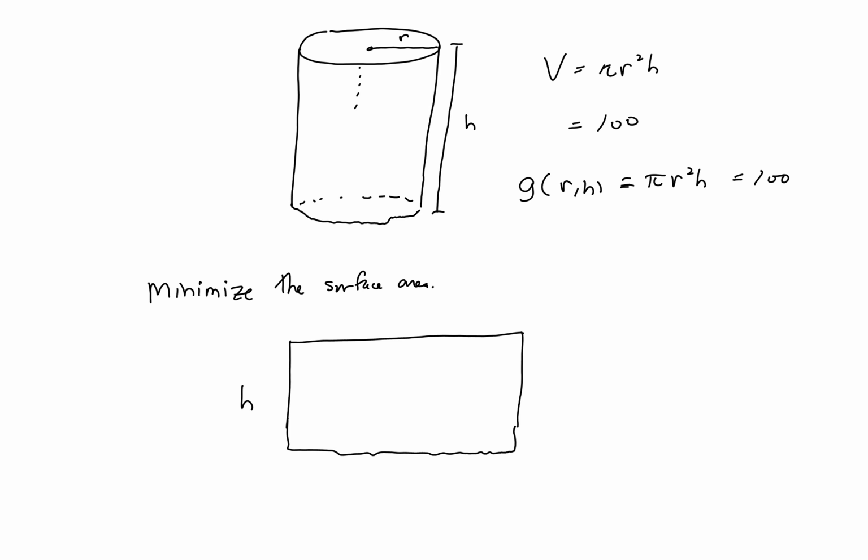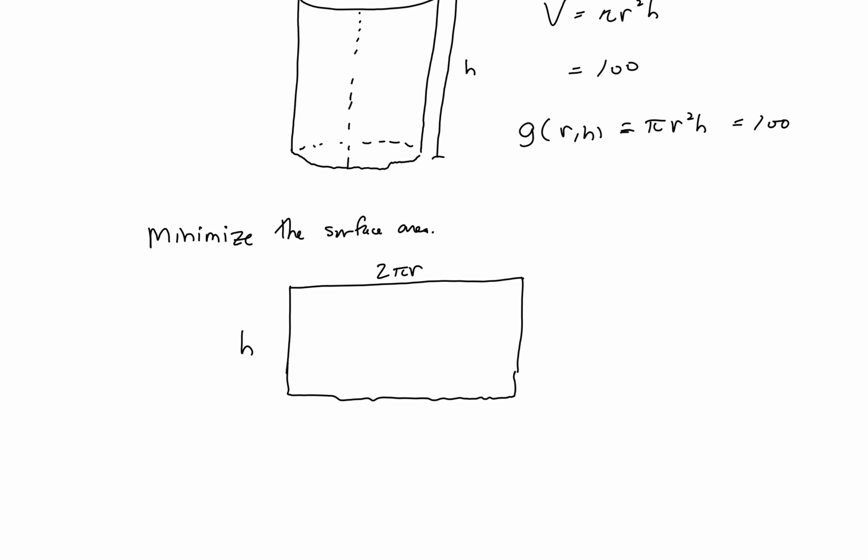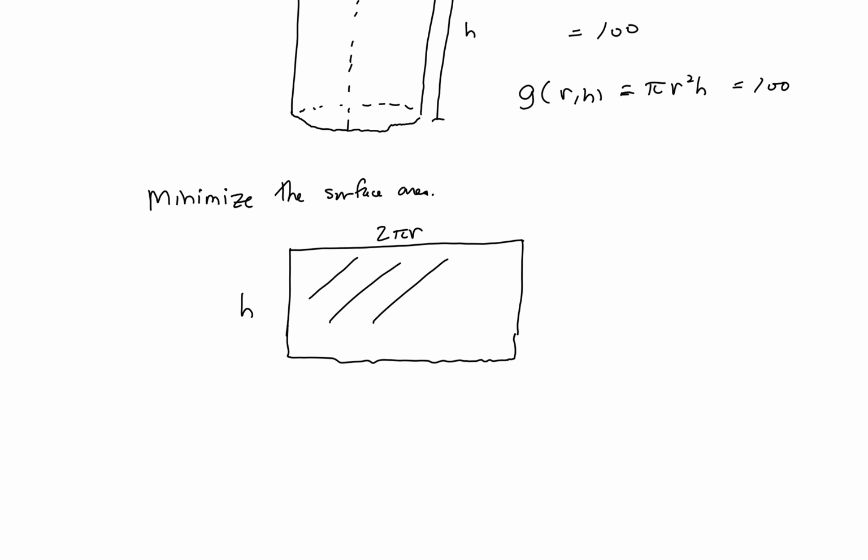And then if you think about making a cut here and then unrolling it, the width of this would be how long it takes to go around that circle. So that's 2 pi r. So this part here has surface area equal to 2 pi r h.